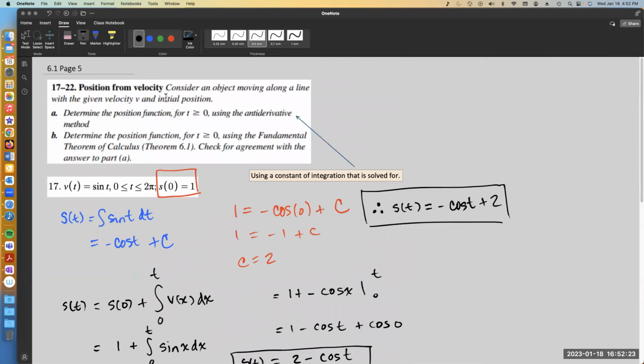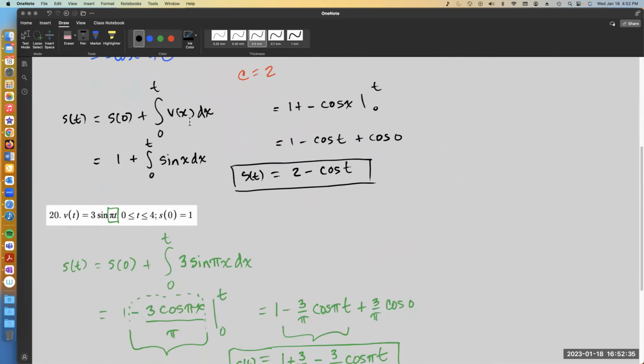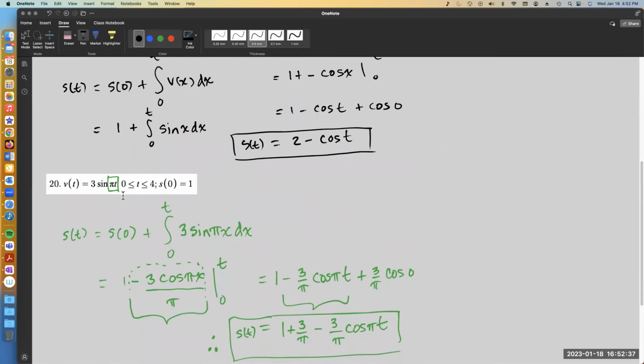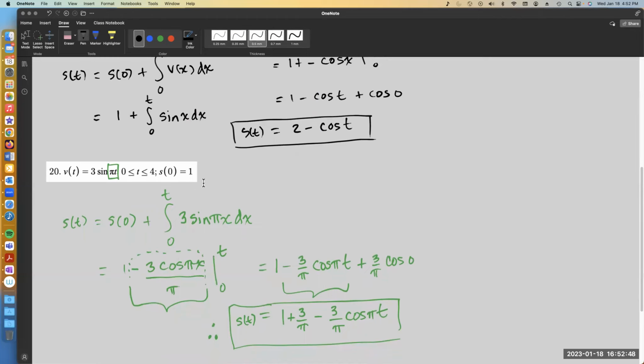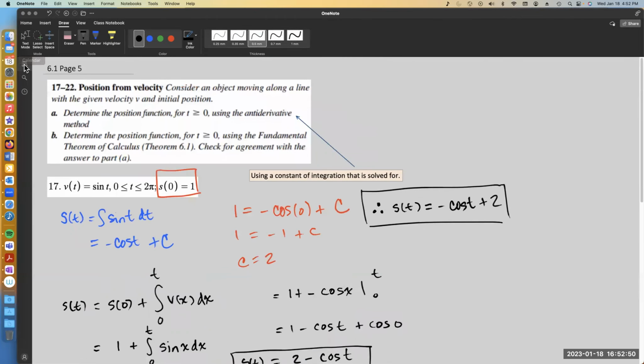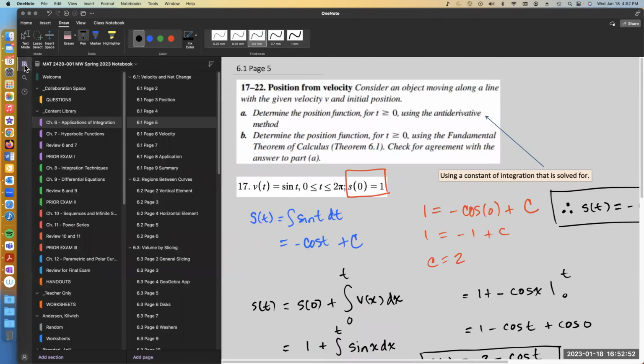So it just says, consider an object on this line with the given velocity and initial position. Determine the position when t is greater than or equal to 0. So they don't say anything about displacement or distance traveled, which is what we would get if we integrated 0 to 4. That would give us our displacement on that interval. Okay, that makes sense. Yeah, thank you. So they're going to do this from time to time, throw in some extraneous information to try to psych you out.